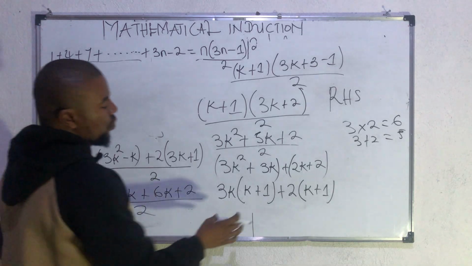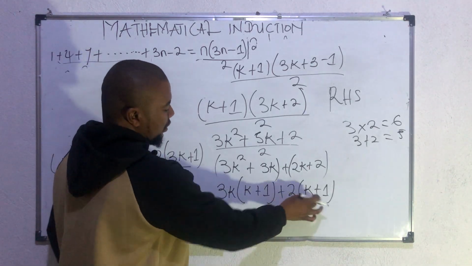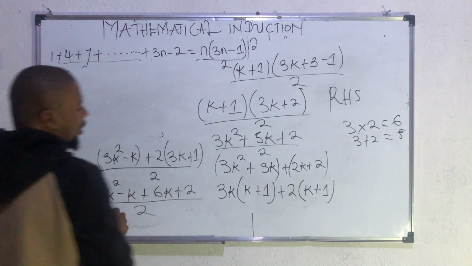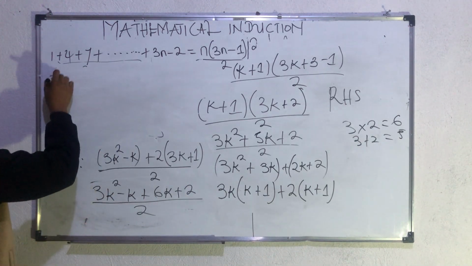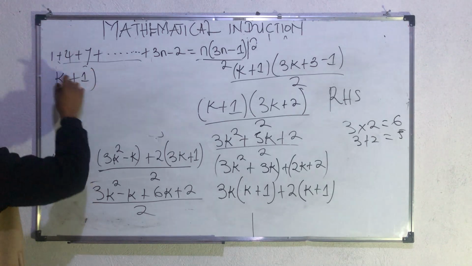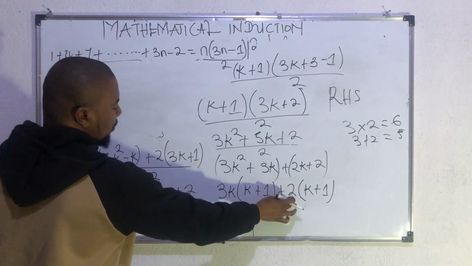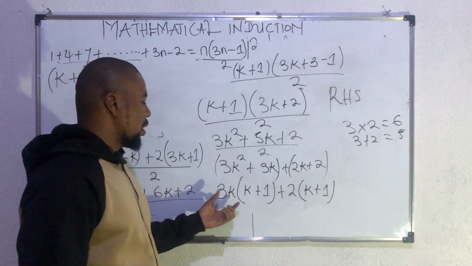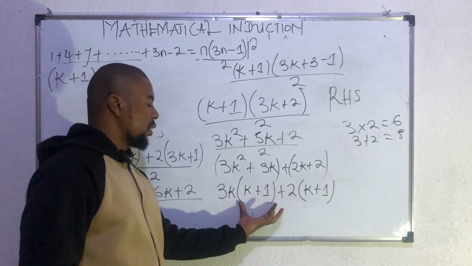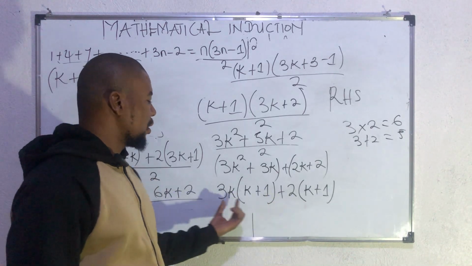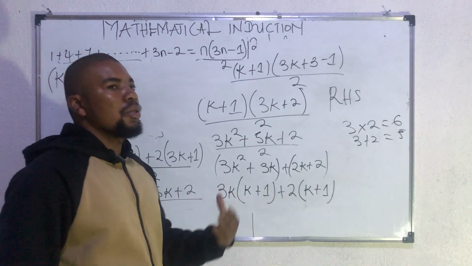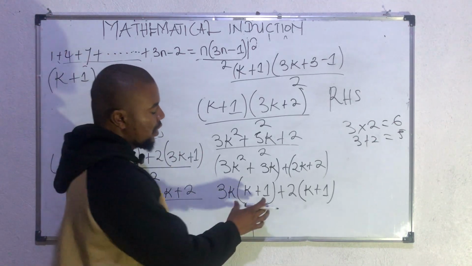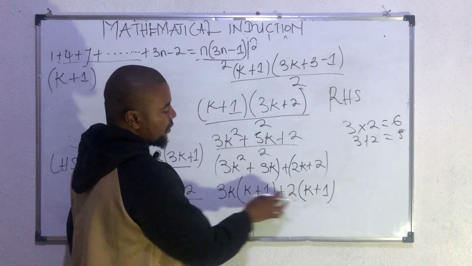Since the two brackets are both the same, we can pick one of them. Hence, our answer is now going to be k plus 1, and we pick the outer terms. When you factor by grouping, you pick one inner term and one outer term. You know you got it correct if the two inner terms are the same.